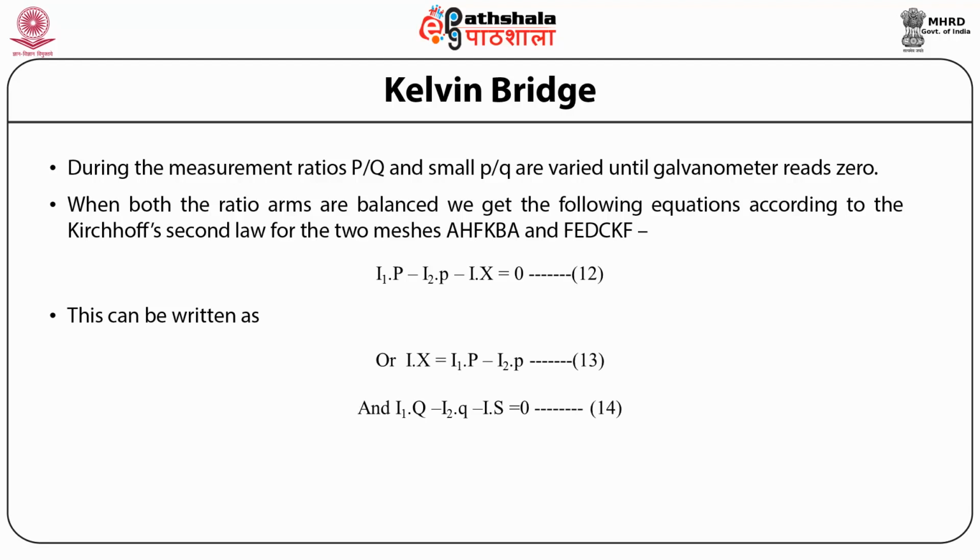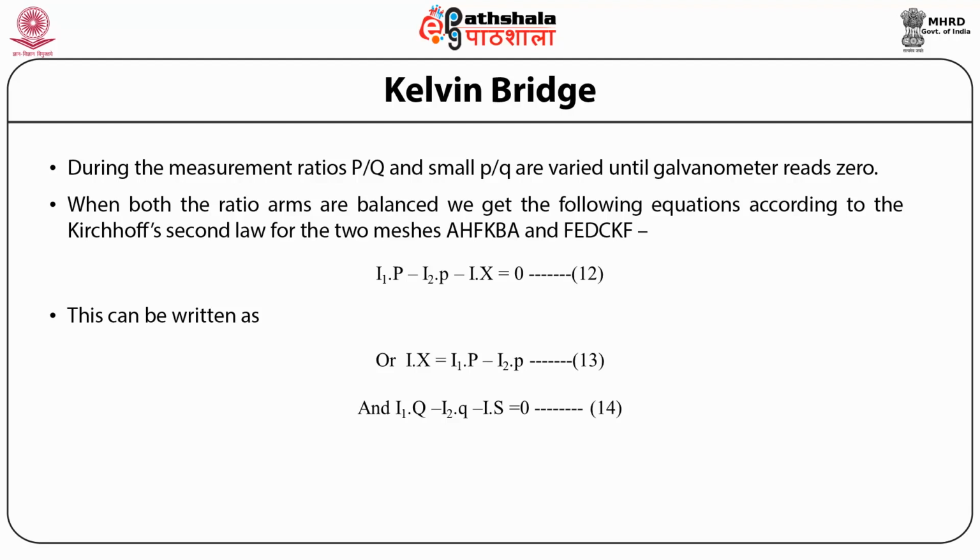This can be written as I1 into x equals I1 into P minus I2 into small p. This is equation 13. And I1 into q minus I2 into small q minus I1 into s equals 0.